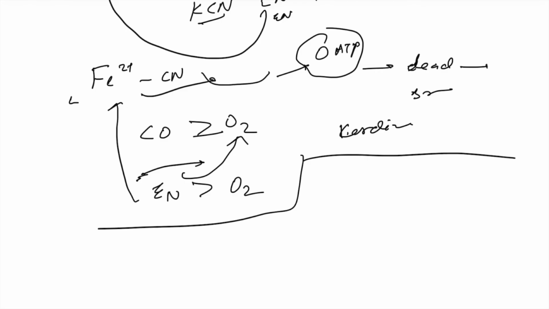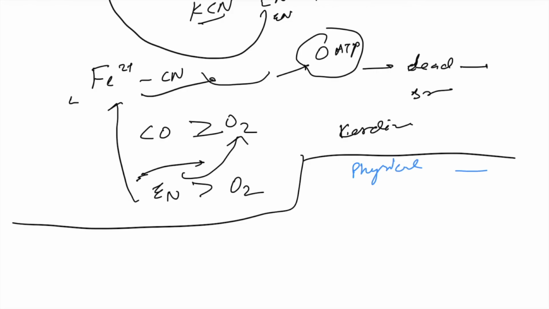Now, let's say a person, mistakenly or intentionally, has been given cyanide. How does he survive? For that, what doctors do is use physical chemistry and inorganic chemistry to treat that. How?